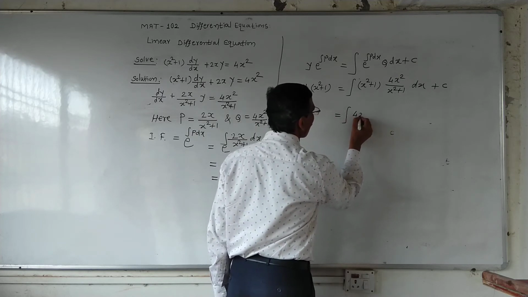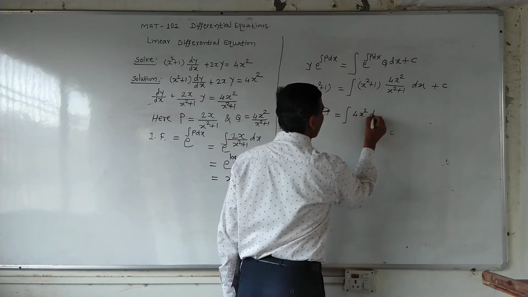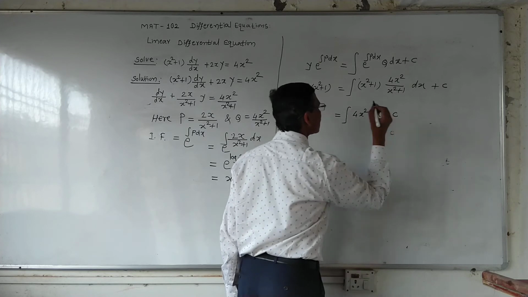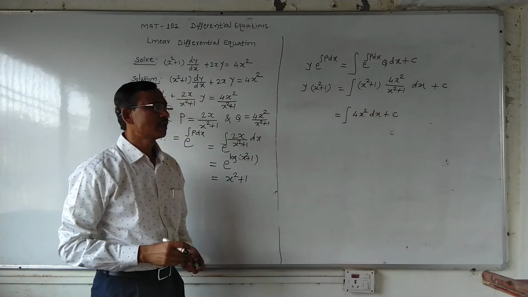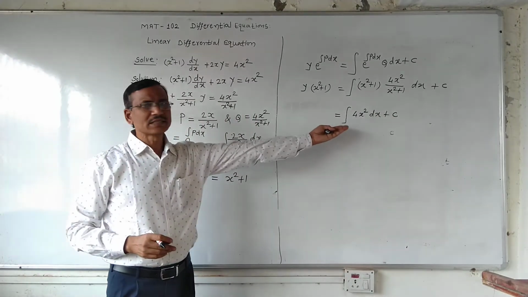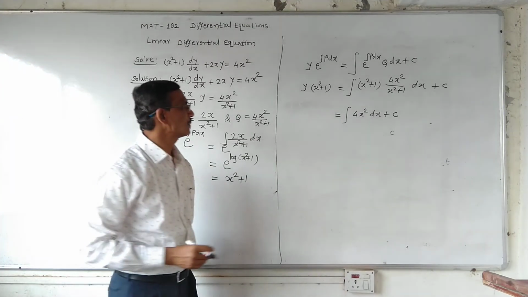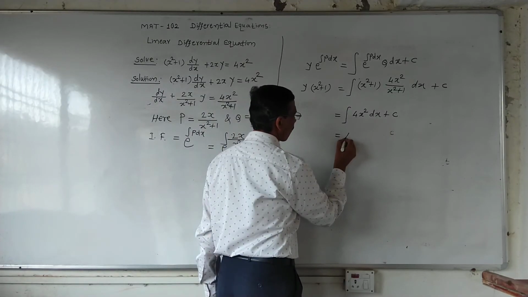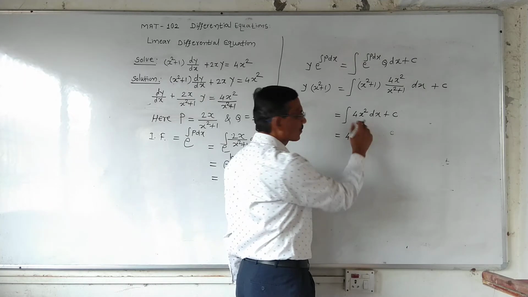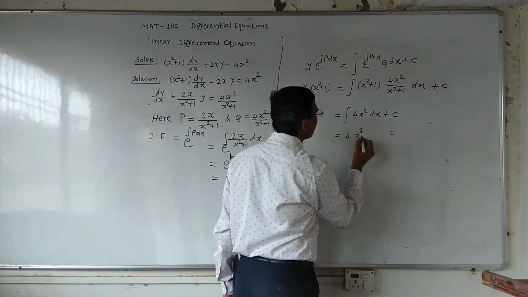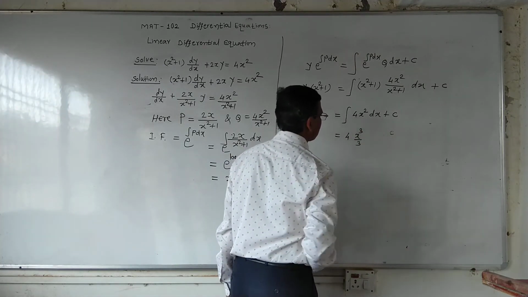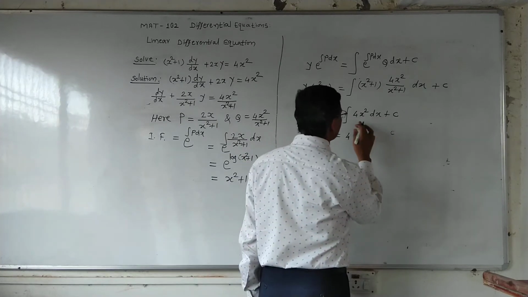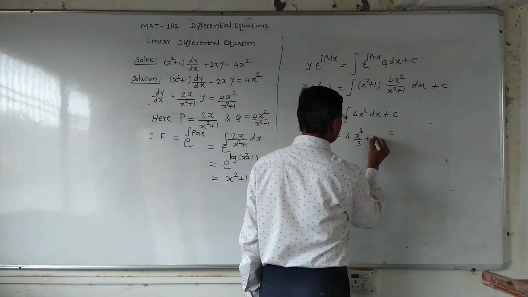Integration of 4x square dx plus c. Now the remaining part is only to evaluate this integration. This is equal to 4 into integration of x square, which is x cube by 3, plus c.